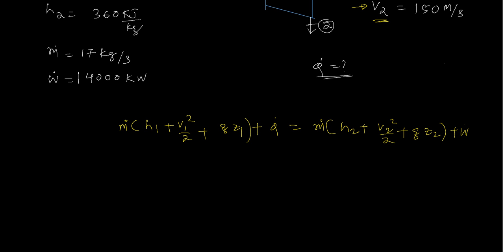Here we can neglect these two values, that is, potential energy change has been neglected. Now we need to find out this value, that is q dot.